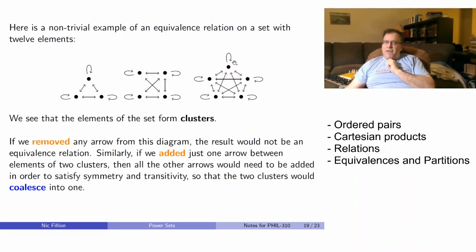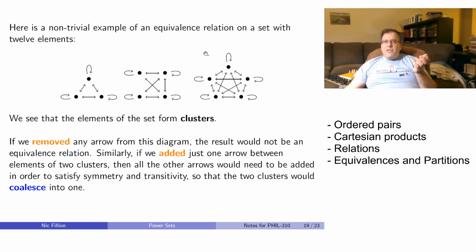And moreover, if I just add one more arrow, say between this element here and this element here that are in different clusters, again, the result is not going to be an equivalence relation. Why? Well, because the reverse arrow is not going to be there, for example, so it's not going to be symmetric. Maybe you'd like to add this arrow here to make it symmetric.